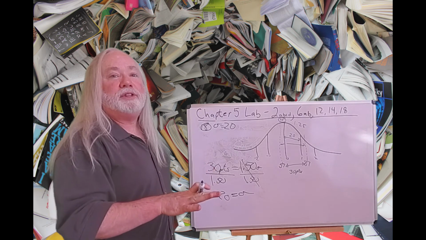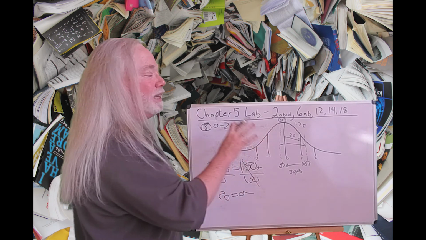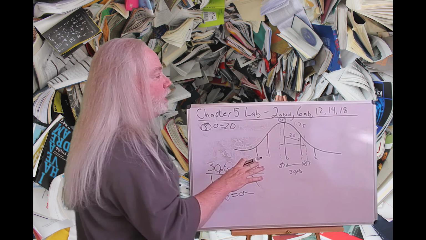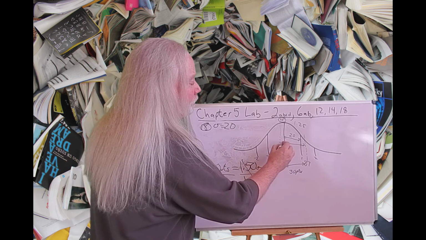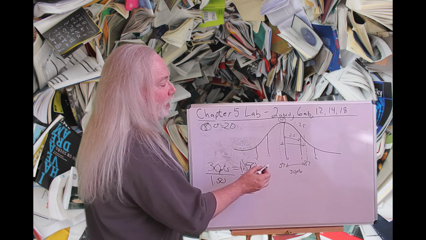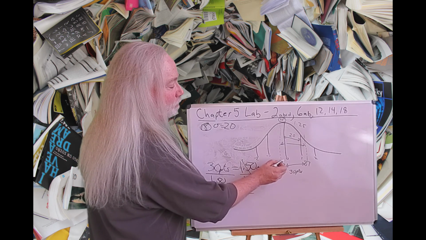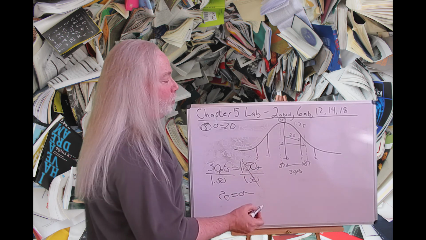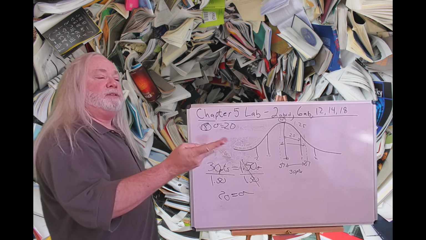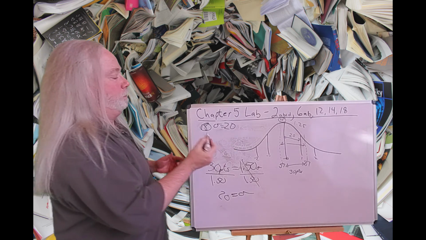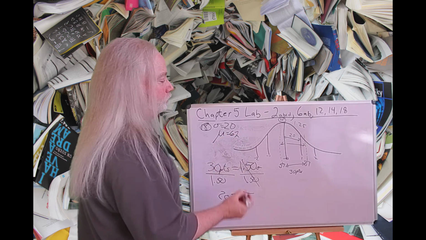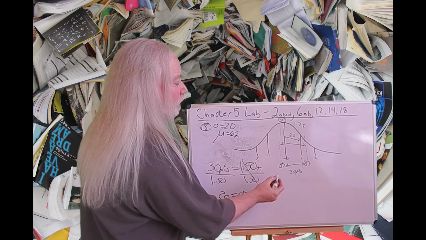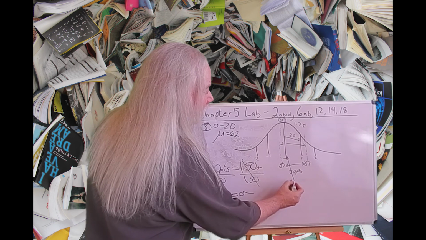And again, you could plug these into formulas if you wanted to, but we're trying to get the logic here. 1/4 of 20 is 5. So that tells us that there's 5 points there. To go from 57 back up to the mean, I have to go up 5 more points. So 57, 58, 59, 60, 61, 62. And so now we know the mean is 62.